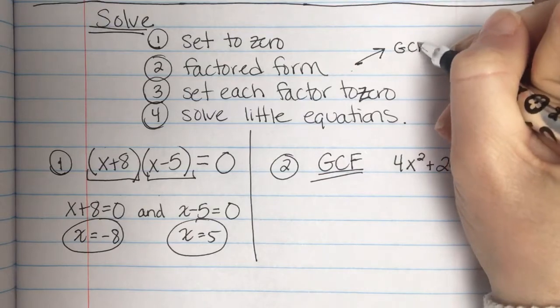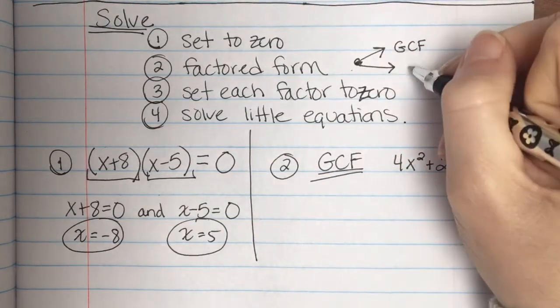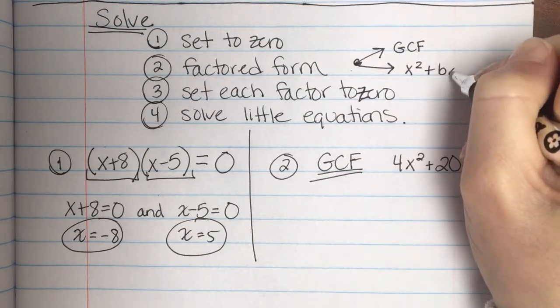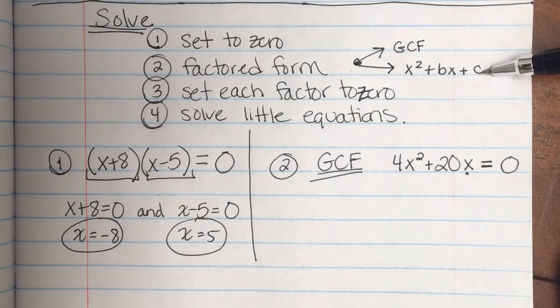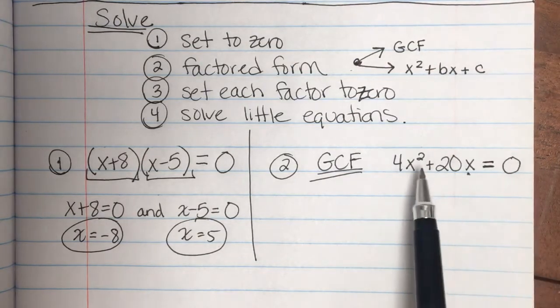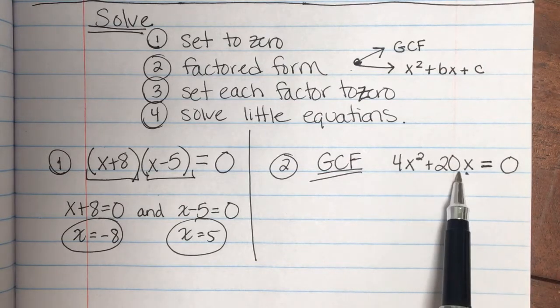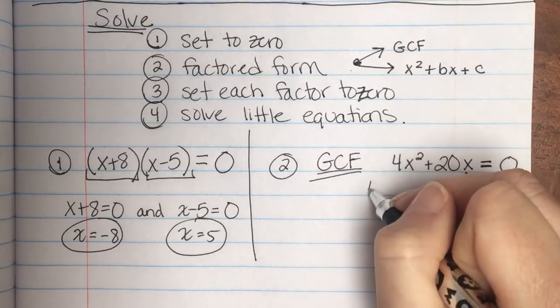One method is if it has a GCF. The other method that we learned was to find your factor pair. When you have a trinomial, you find the factor pair of C that adds to B. Now these two terms here in this problem, number 2, have a GCF. They have a common factor of 4, because 4 goes into 4 and 4 goes into 20.